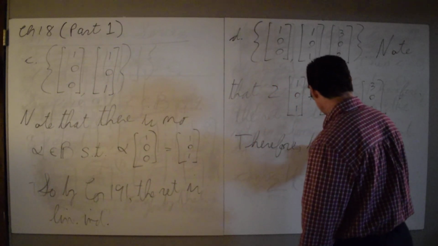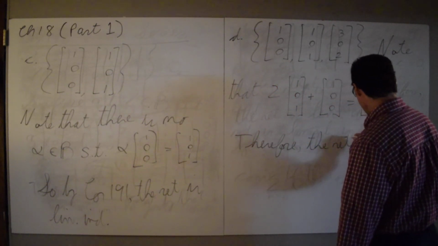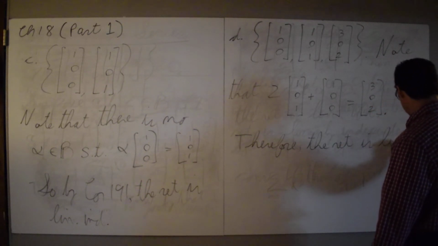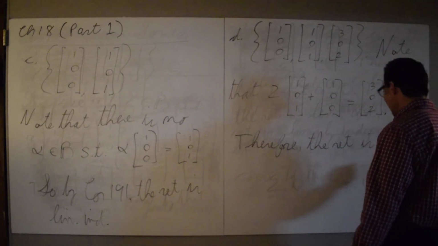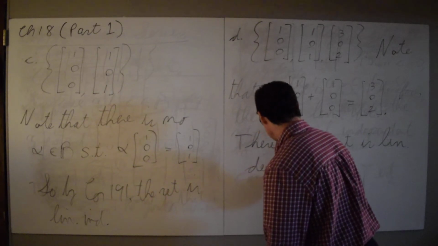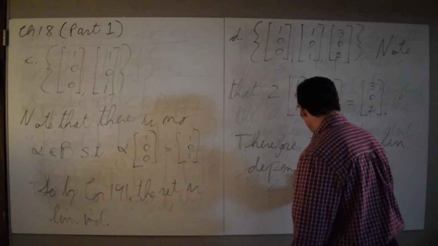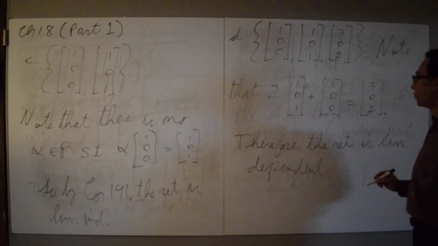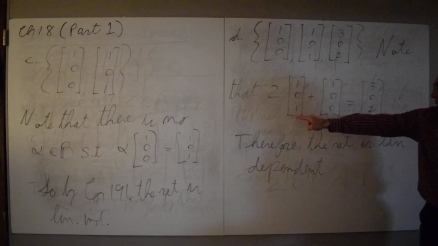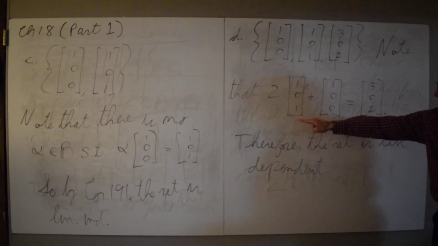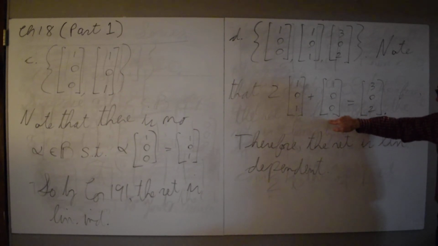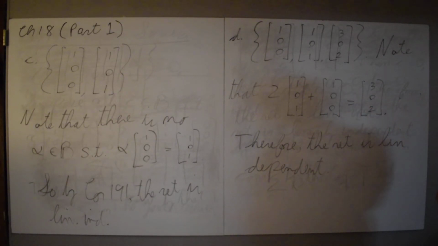Therefore, the set is linearly dependent. If you took 2 times this vector plus this vector minus this vector, it's equal to the 0 vector.